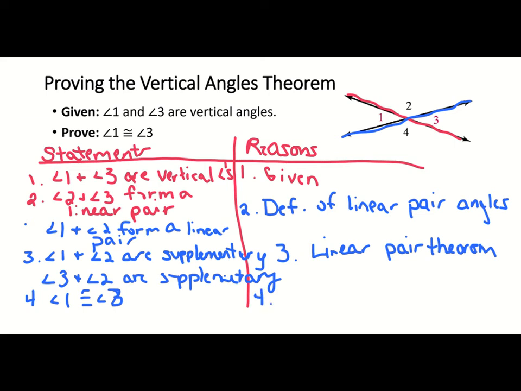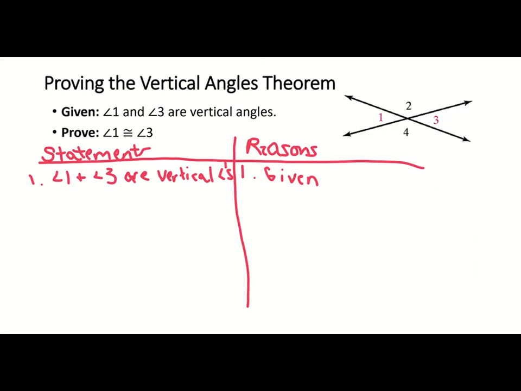It says if two angles are supplementary to the same angle, then they are congruent to each other. So my reason here to prove that angle 1 is congruent to angle 3 would be the equal supplements theorem. And this is why all vertical angles are congruent. We basically did a proof to figure out why they are congruent.